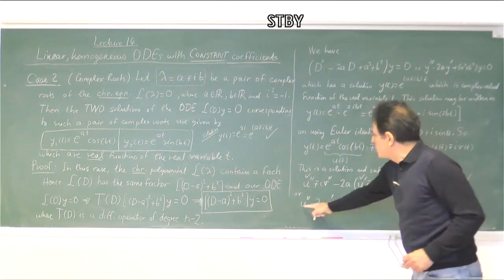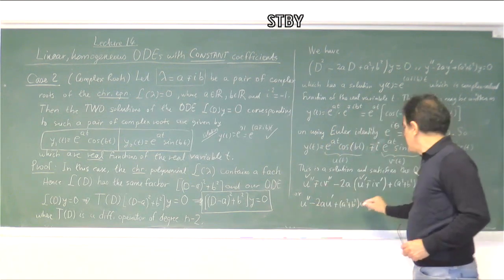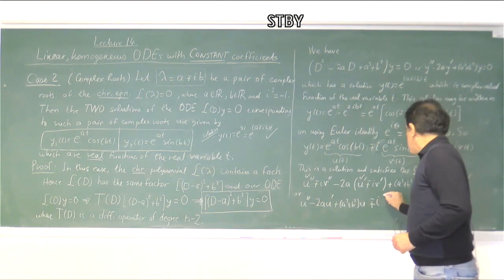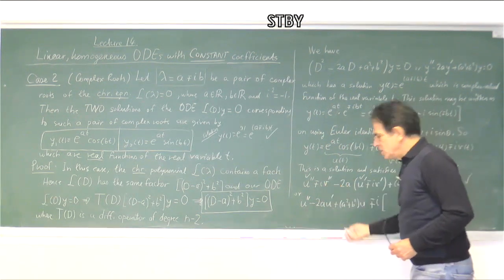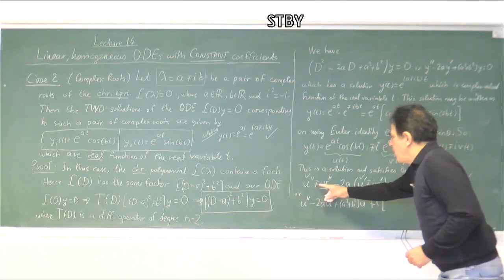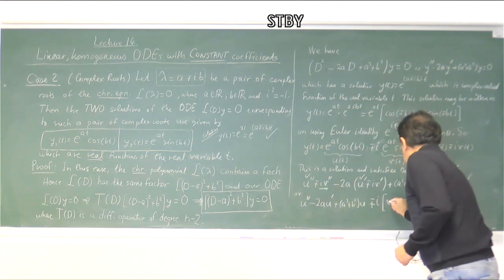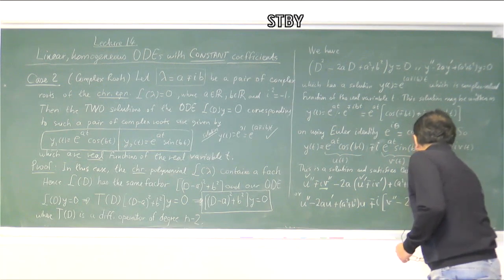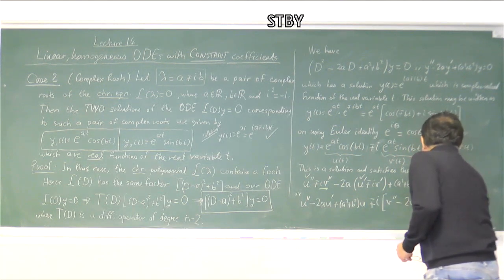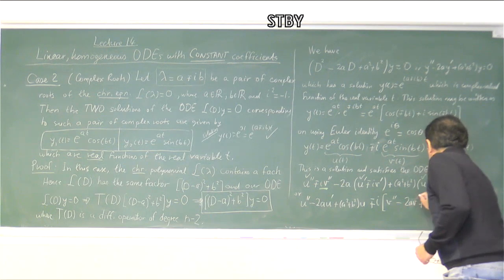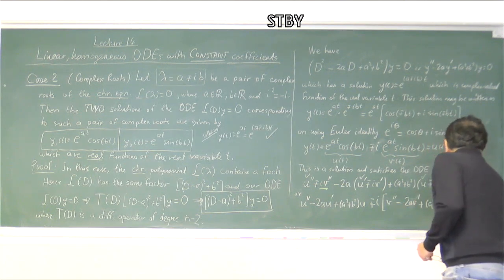This is the real part of the left hand side, plus or minus i times the imaginary part: v double prime minus 2a v prime plus (a squared plus b squared) v, which must be 0.